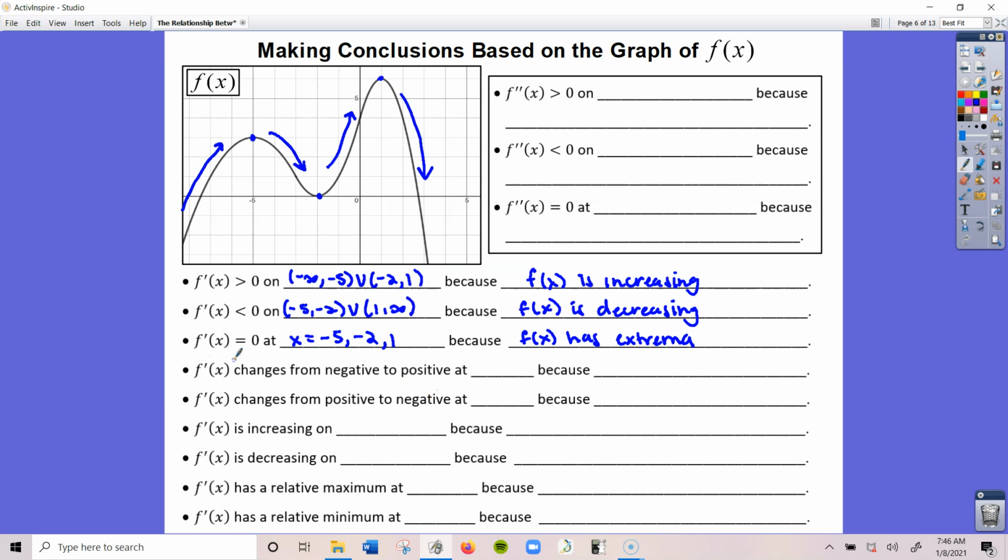Next, we have f prime of x changes from negative to positive. So that means that we're looking for on the graph when the function has a minimum. And the function has a minimum here at x is equal to negative 2. And again, we would say because f of x has a minimum.